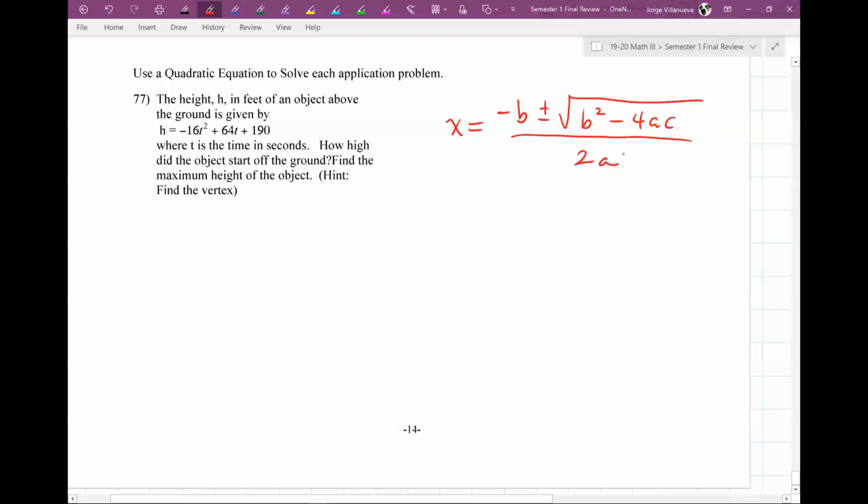They said the height h in feet above the ground is given by that equation right there, where t is time in seconds. How high did the object start off of the ground? And they say find the maximum height of the object. Hint: find the vertex.